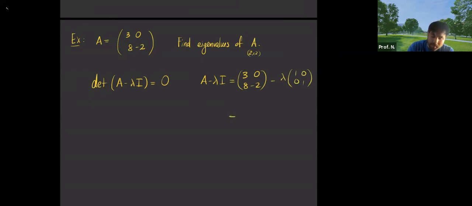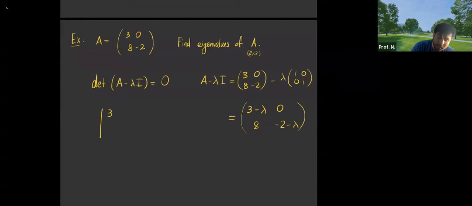And so what does this become? 3 minus lambda, 0, 8, negative 2 minus lambda. Whoops. Everyone follow me so far? So A minus lambda I is this 2 by 2 matrix, but I want to find the determinant.